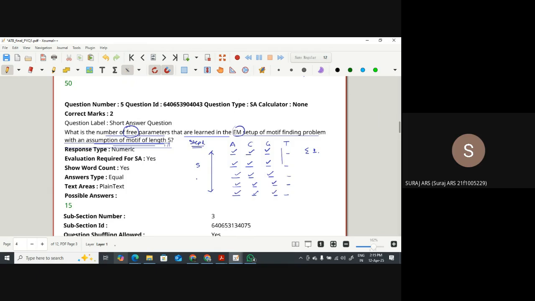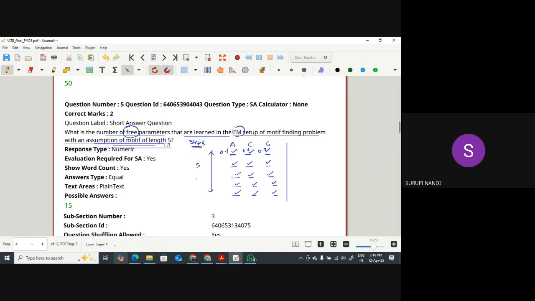Sir, can you say that one more time? The matrix will be 5 cross 4. The summation of the probabilities of ACGT is 1. So if I have 0.1, 0.2, 0.3, automatically the last becomes 0.4.